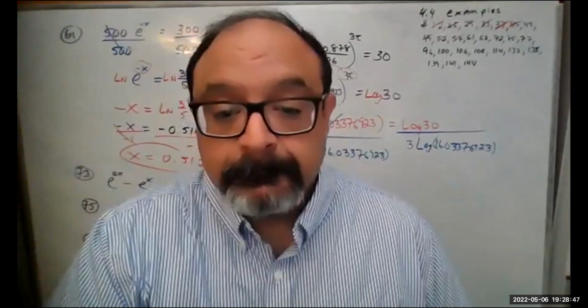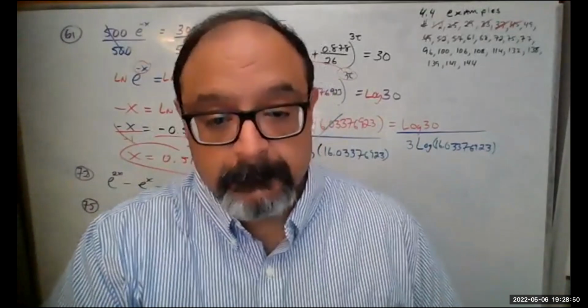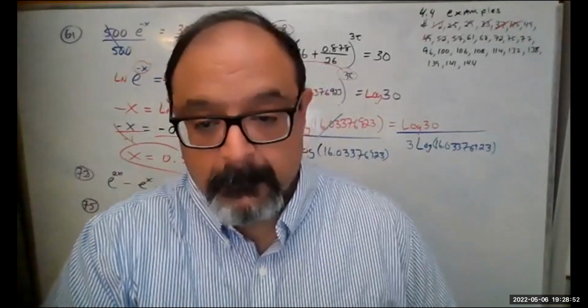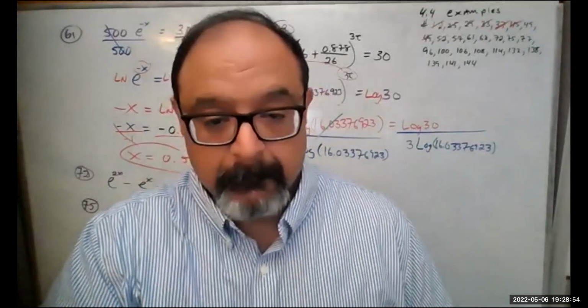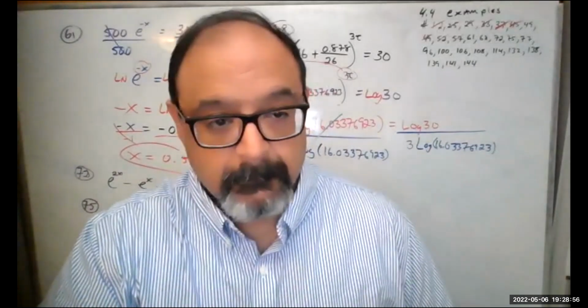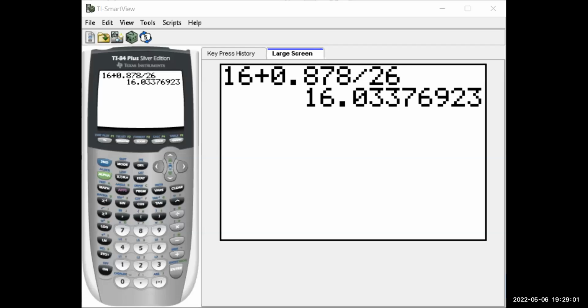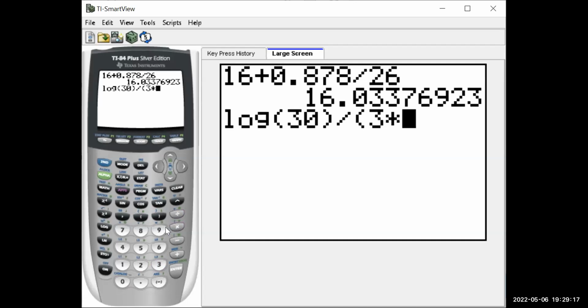Okay, so it's my log of 30. So that number over a parentheses 3 times common log.